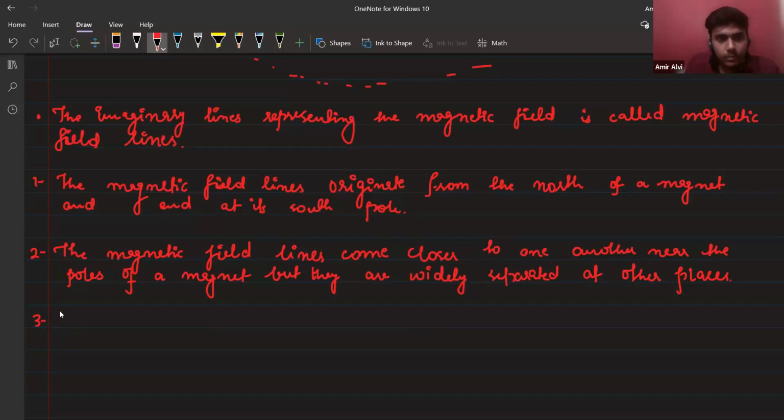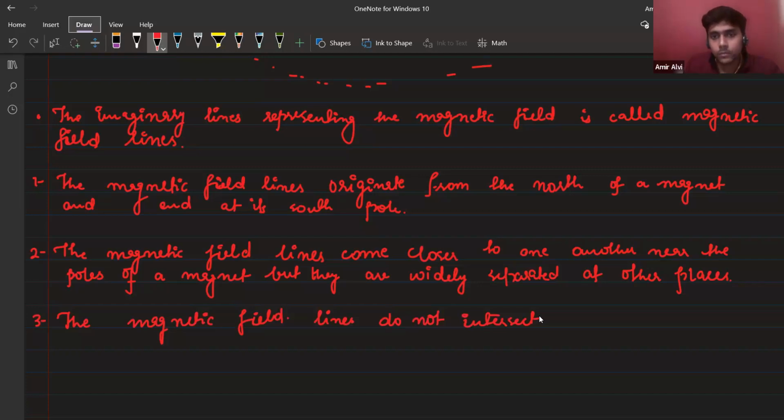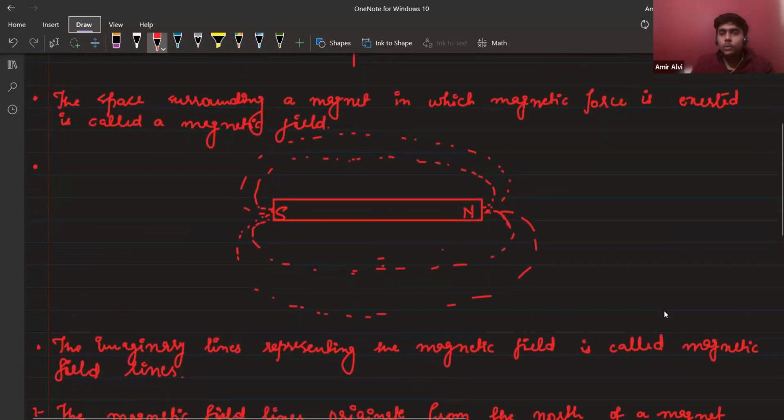Next, the magnetic field lines do not intersect one another. Why they cannot intersect: you have heard the word tangent.